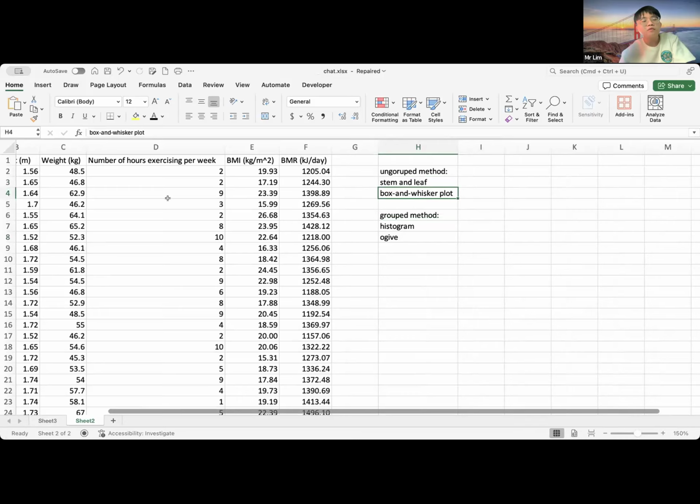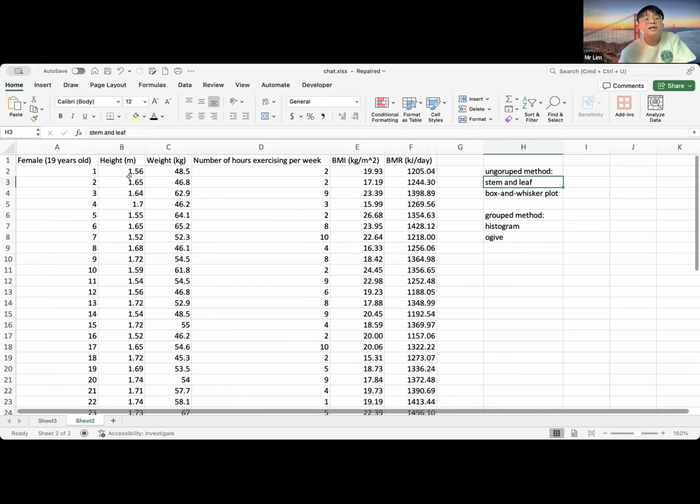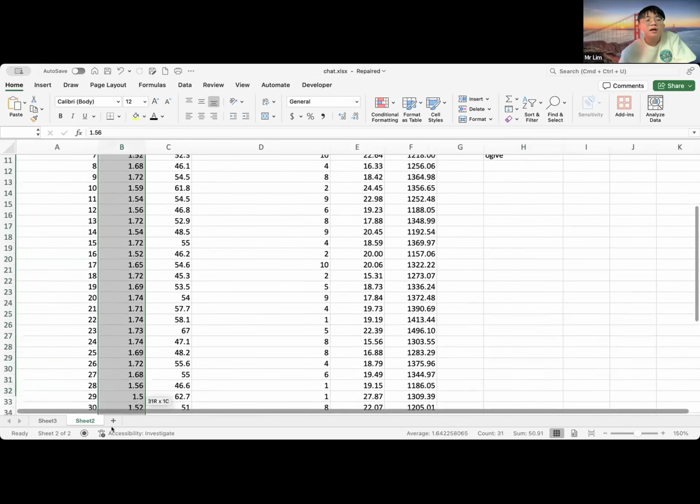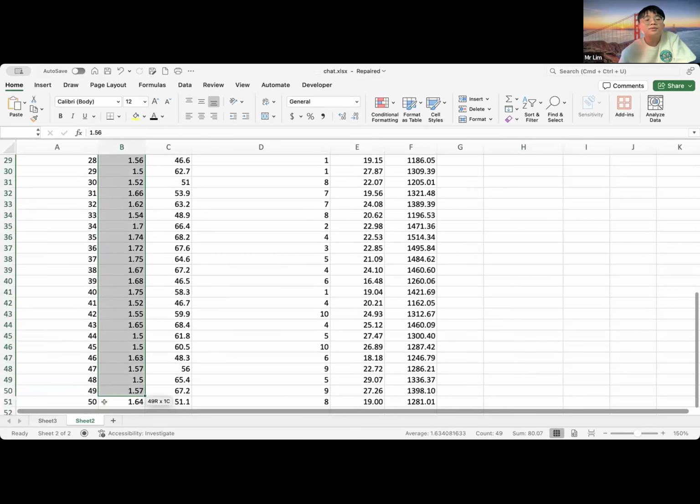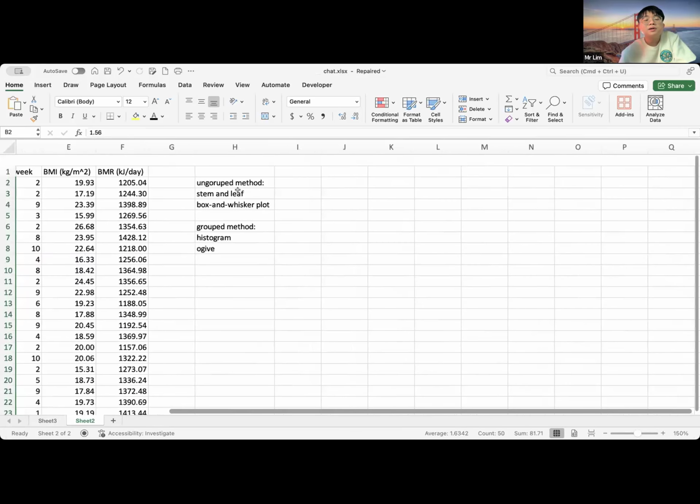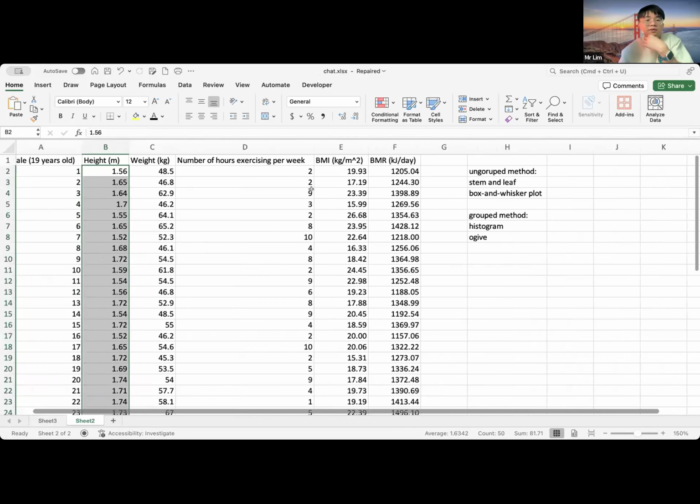I suggest that you learn both ways, because one day after you graduate, you still need to learn how to generate all the plots from your Excel file. By hand is to practice your understanding of the data representation. So for example, let's say I want to do the height, and use an ungrouped method, let's say stem and leaf.